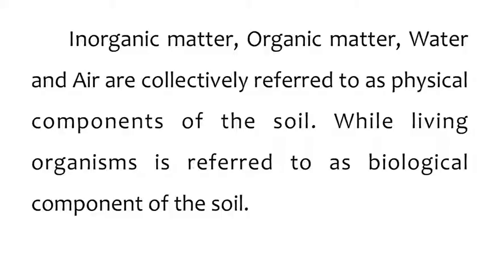So the inorganic matter or minerals matter, soil water, organic matter, and air, collectively, we refer to them as the physical components of the soil. While the living organism is referred to as the biological components of the soil.